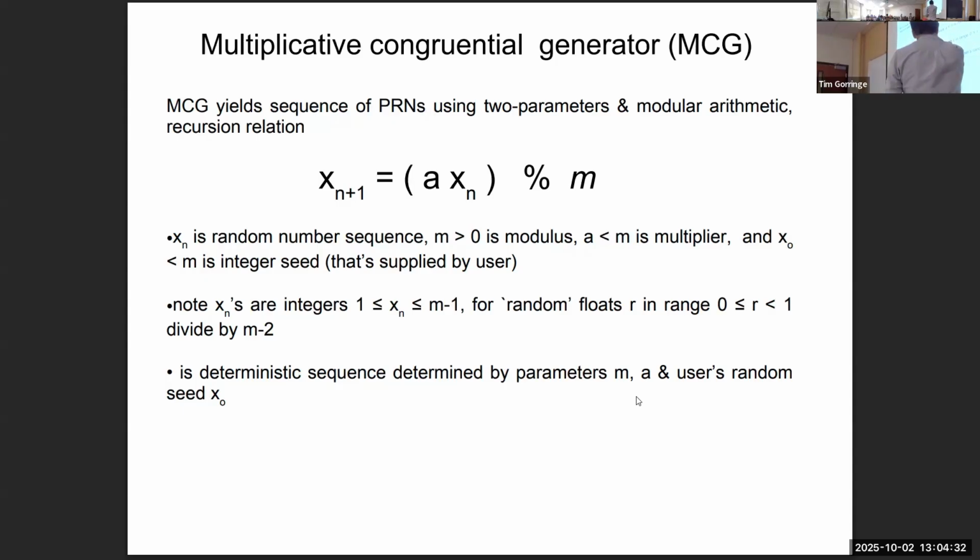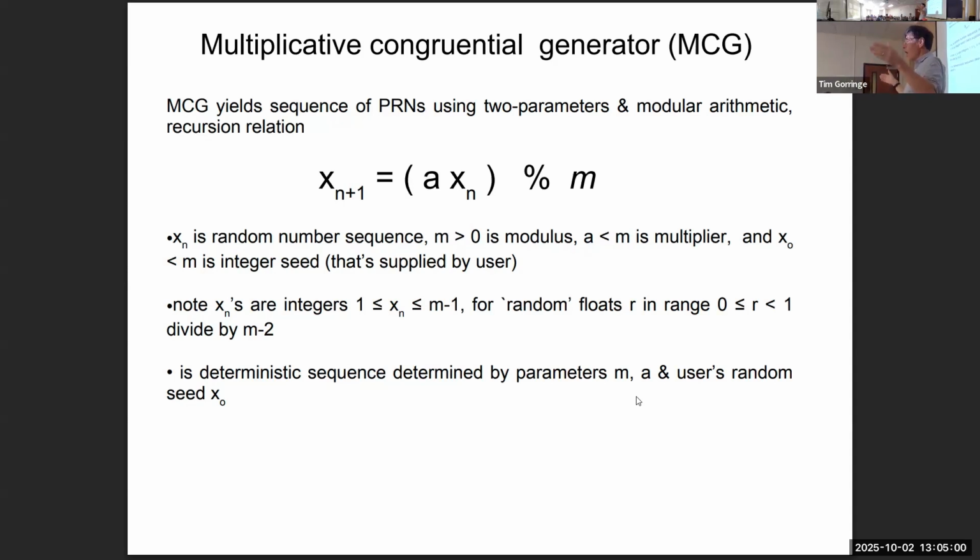A few remarks about the numbers that we're going to generate. MCG can generate random numbers from 1 to n-1. So it is a bounded scheme. You know the range of random numbers that you can generate.